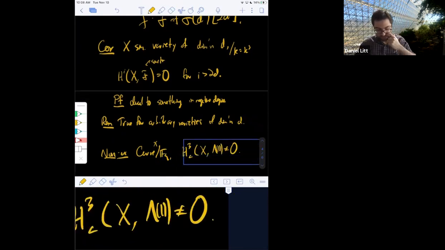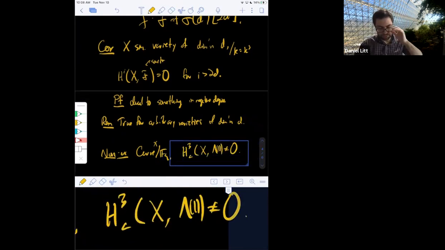So in general for finite fields, there's some kind of Poincaré duality in dimension 2D plus 1. That's where this is coming from.